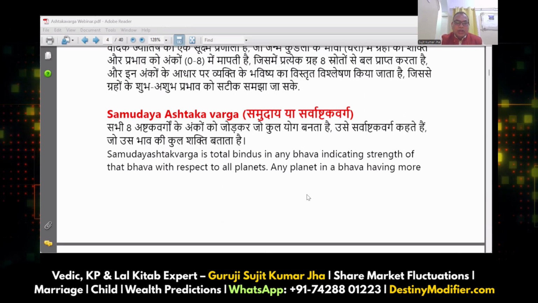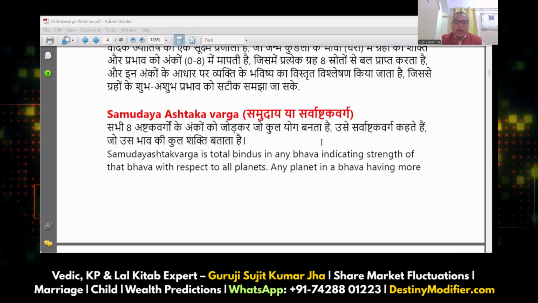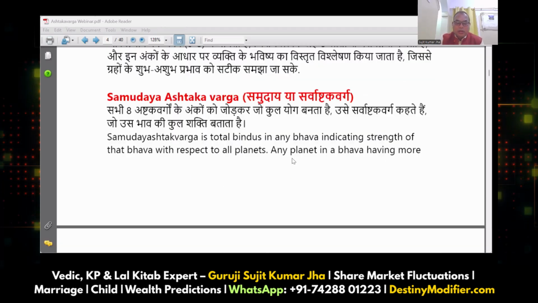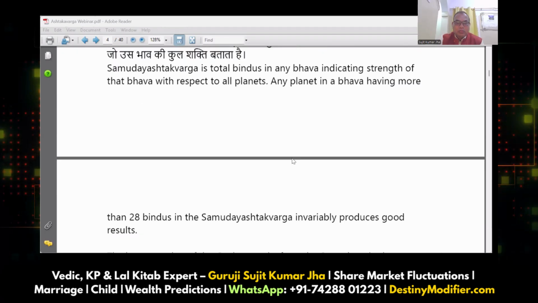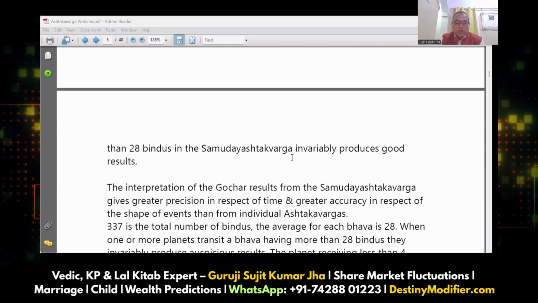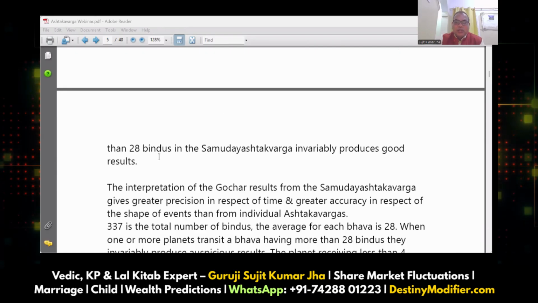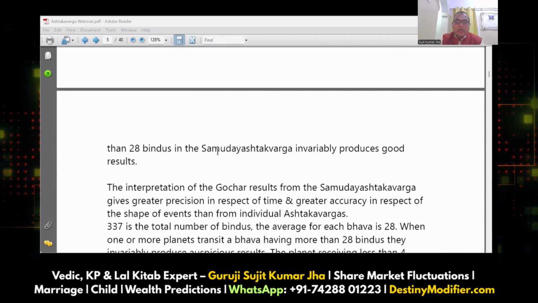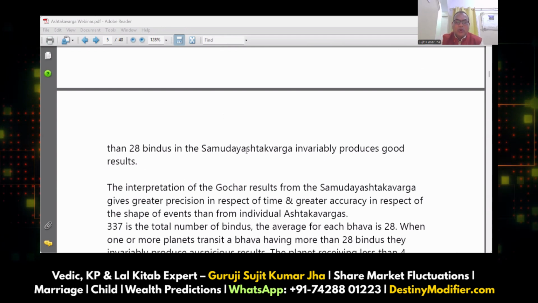Samudayak Ashtakavarga is prepared by combining all 7 planets in one Ashtakavarga. All points are combined and given in one sign. In Samudayak Ashtakavarga, there are 28 points in one sign on average. It means that the sign, that bhav, has good strength if it has more than 28 points.